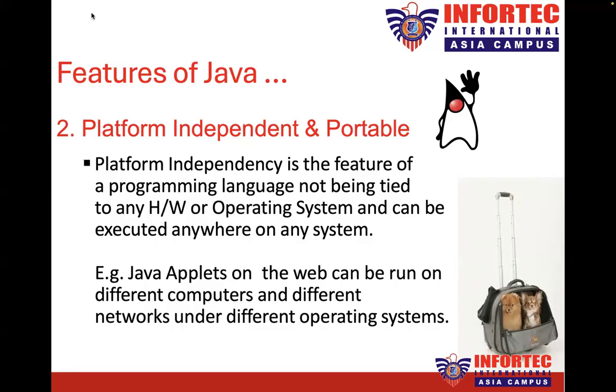So this is the second feature. The second feature talks about platform independent and portability. As I told you on the very first day, in the first generation and second generation, they introduced computers, and those computer programs were specially designed for specific processors.